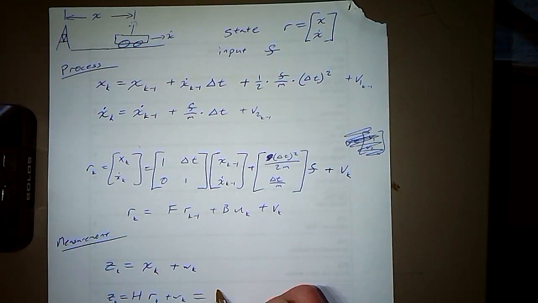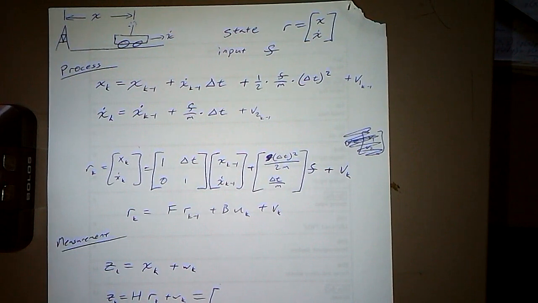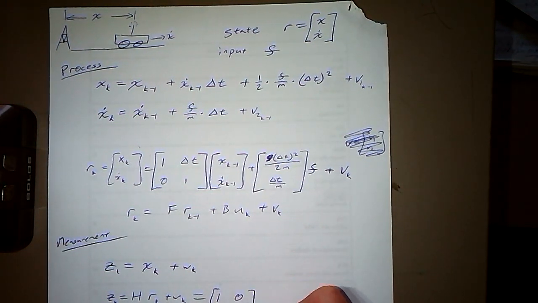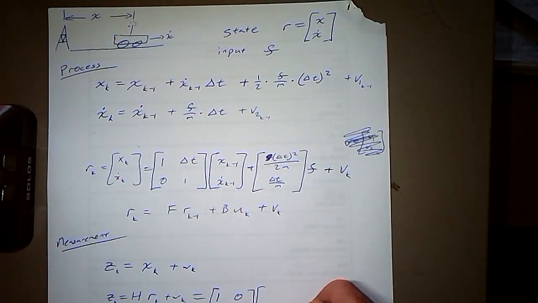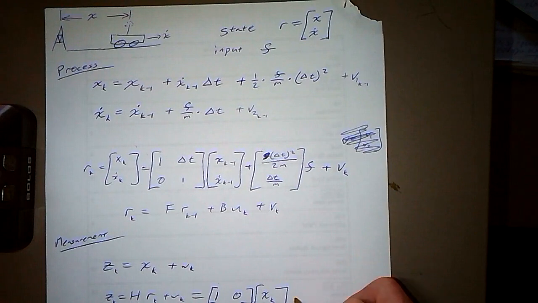So the transformation matrix is just 1, 0, and then our state vector here is x of k and x dot k, and then plus w of k.